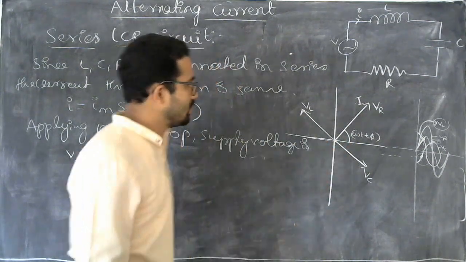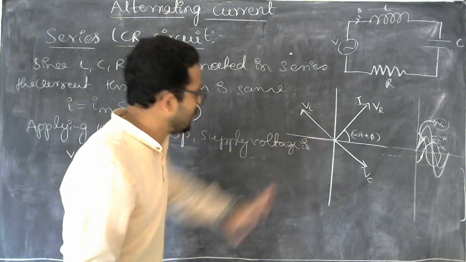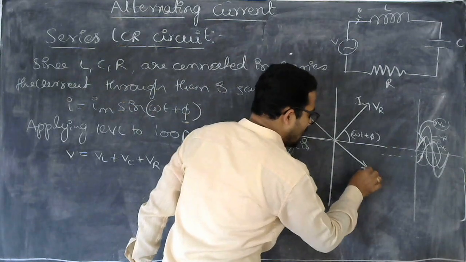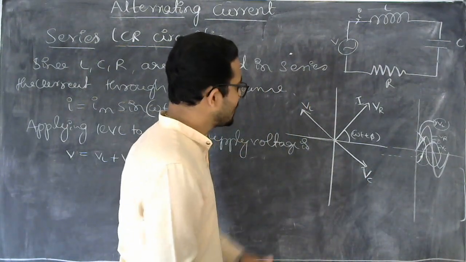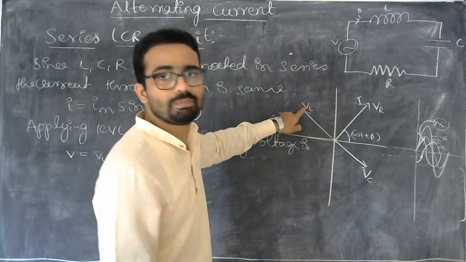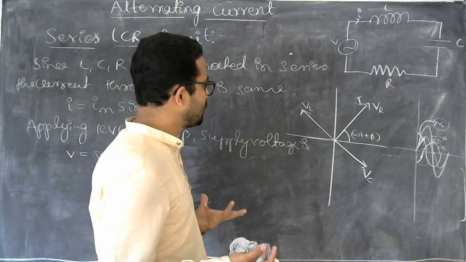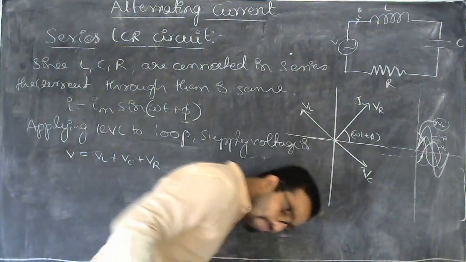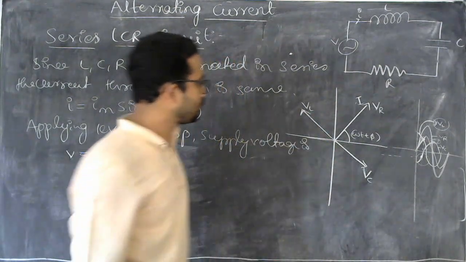So this is what you can see in this diagram. And if you look at this, voltage phasor VC is anti-parallel to VL. If you look at the phasor diagram, what we can observe is VL and VC are anti-parallel to each other. Why is this so?